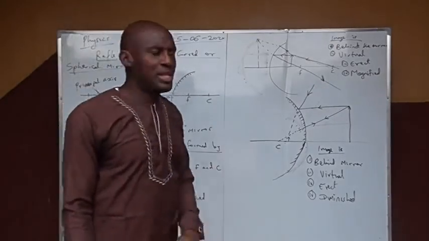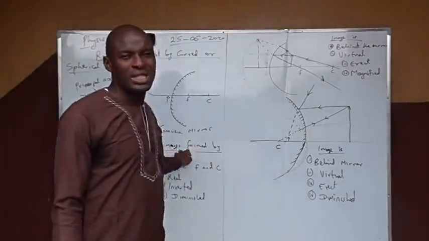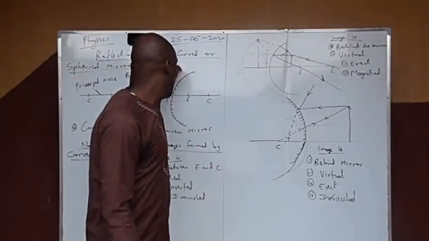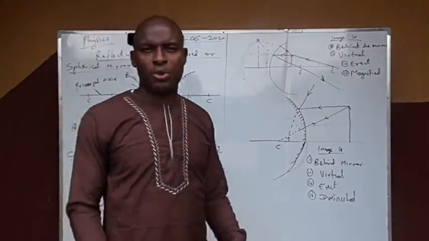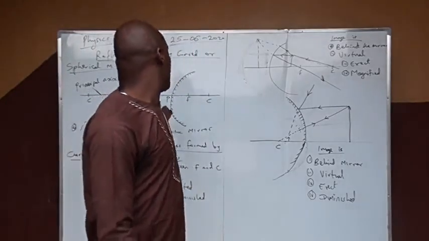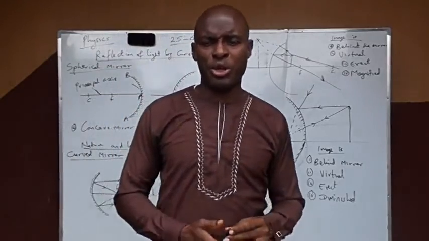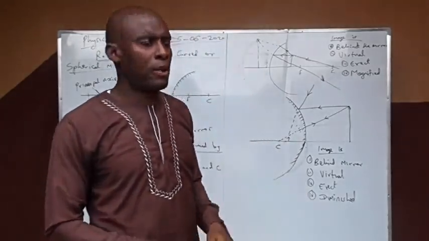This one here is the convex mirror, which is the diverging mirror. You can see that the reflecting surface bulges outwards. So these are the two main types of curved mirror which we are going to discuss today.